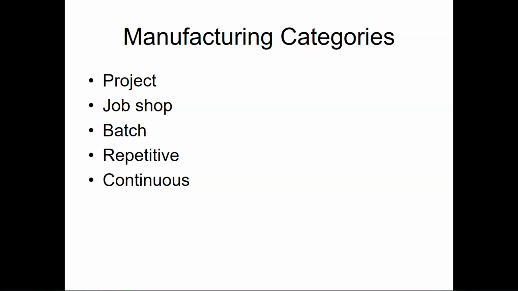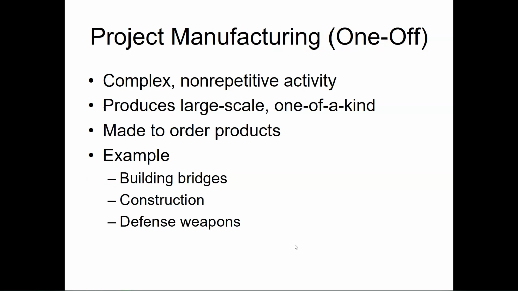Let's go on to the manufacturing categories. We have project manufacturing. So these are one-offs. These are non-repetitive activities. These are generally one-of-a-kind things. They're made-to-order products, so things like bridges, any kind of construction, things like that.